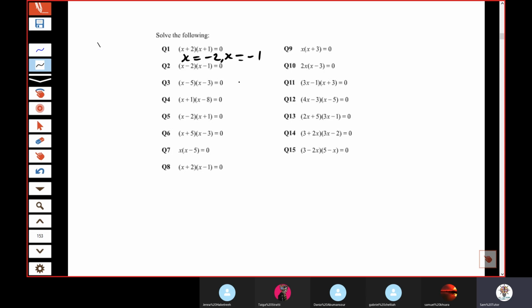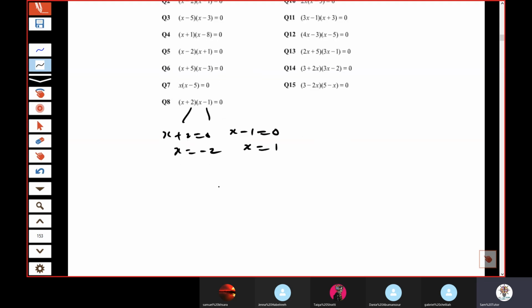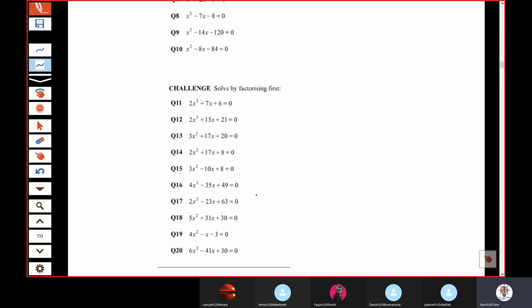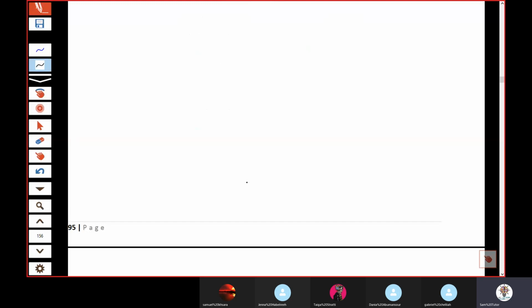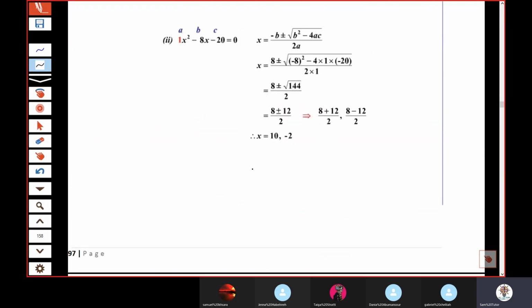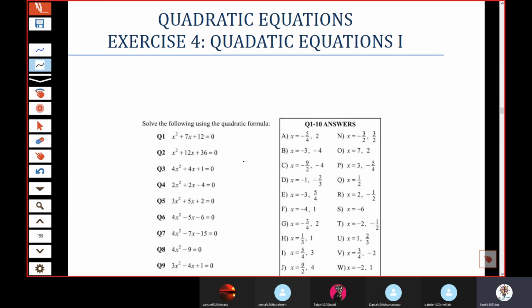We just make it equal to 0. So like this one here, you would write x plus 2 equals 0, x minus 1 equals 0. You'd write x equals negative 2 and x equals 1. But with this, you have to actually factorize. What the quadratic formula does for you is it allows you to not factorize. Pretty convenient.